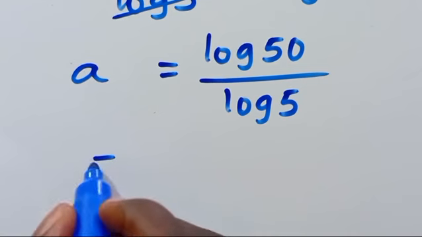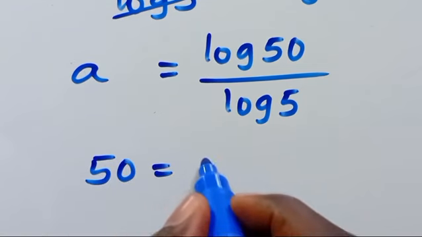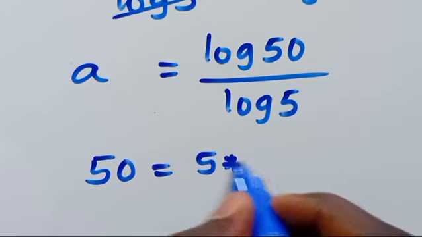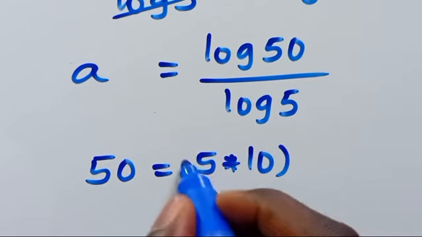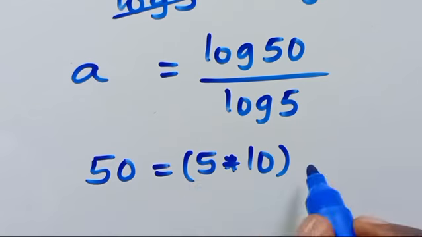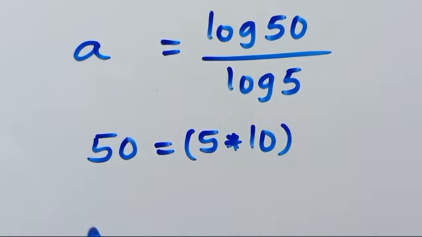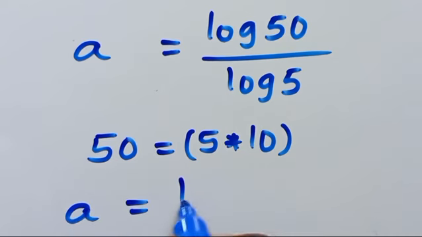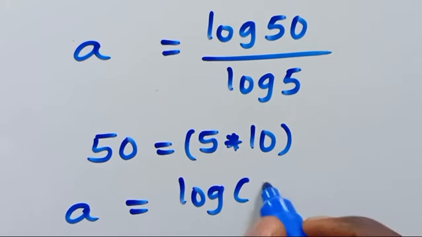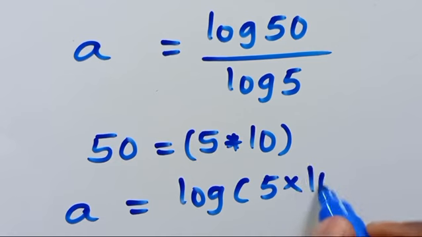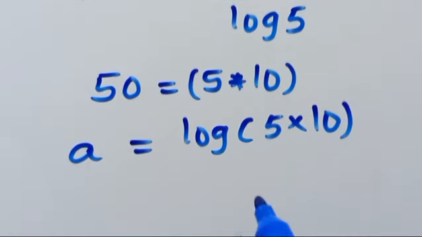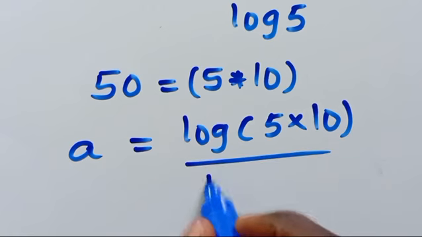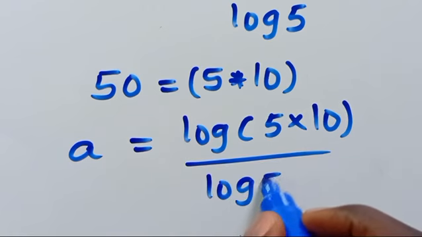Now we can have 50 to be the product of 5 times 10. Let's put them in parentheses. So when we substitute this here, we are going to have a equals log of 5 times 10, then divided by log 5.